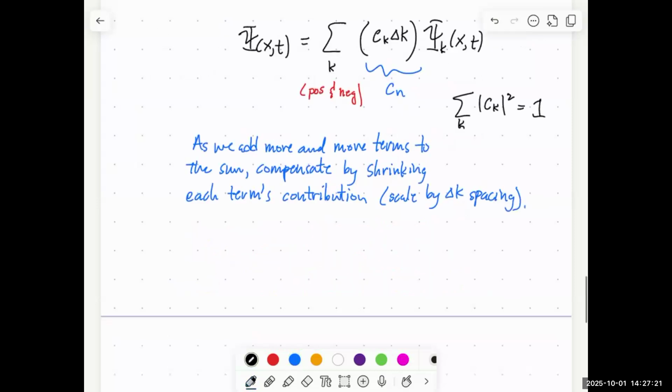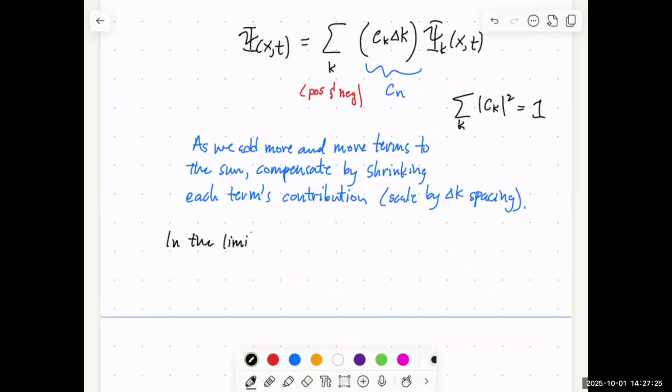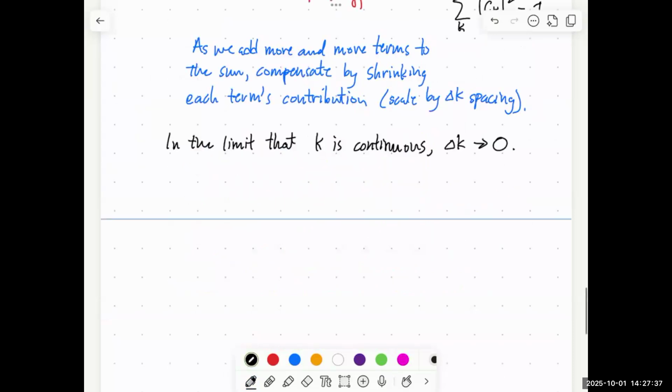So in the limit that k is continuous, our delta k goes to 0, and this sum over k of delta k is going to go to the integral over a continuous variable.